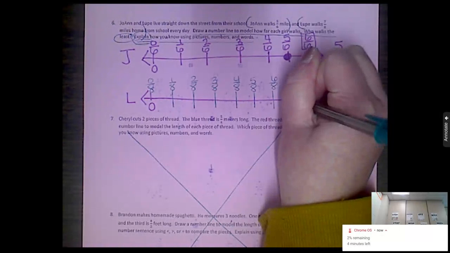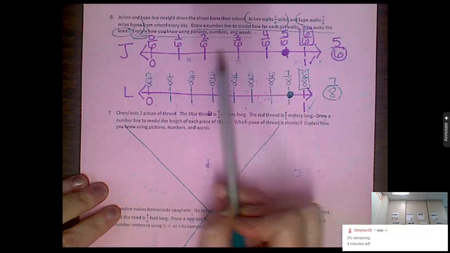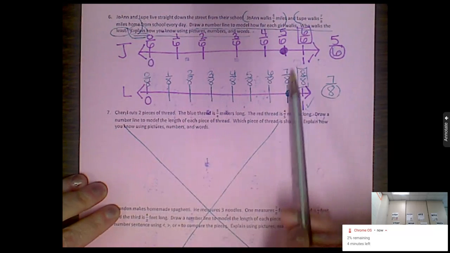This is really close, okay, but what's the question again? Who walks the least? Which one is closest to 0? It's really, really close, but Joanne walks the least because 5/6 is a little bit closer to 0 than 7/8. If I just kind of go up, it's right before, but it is super close, right?